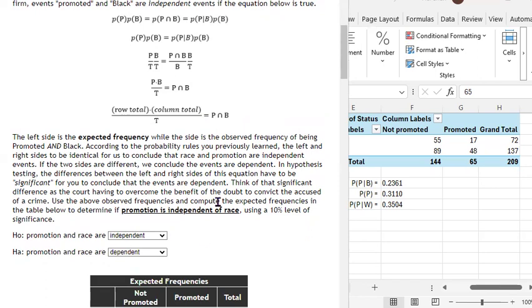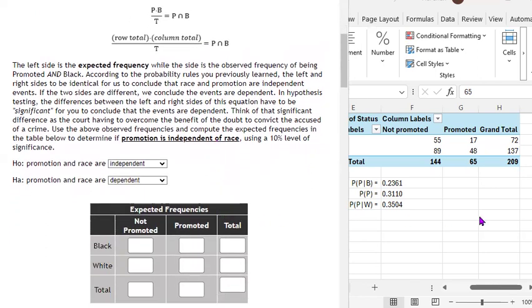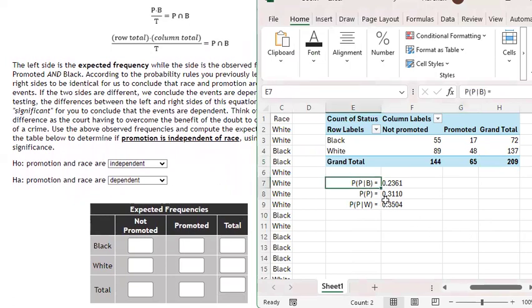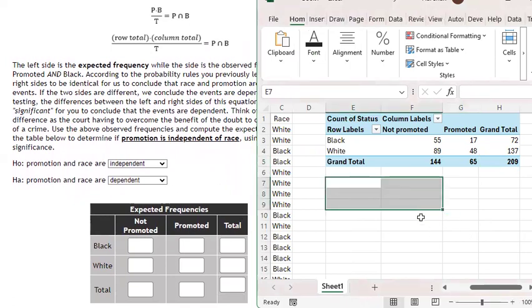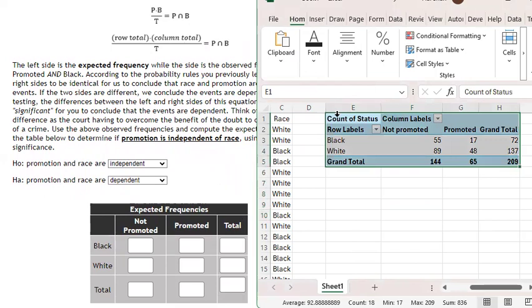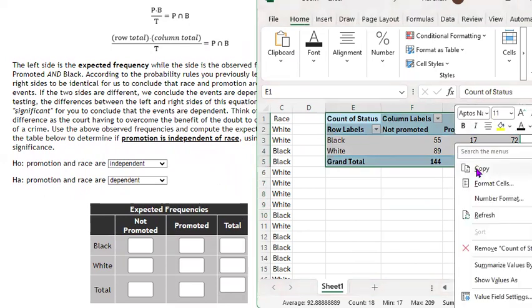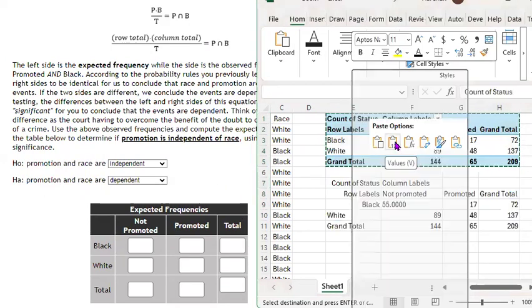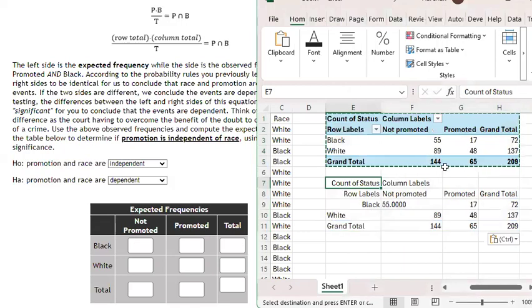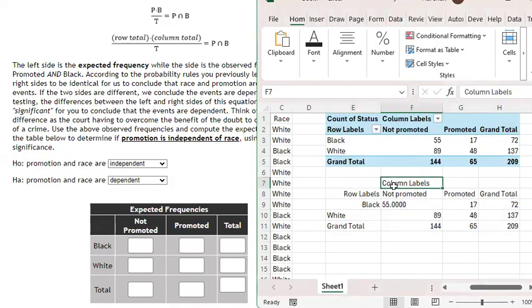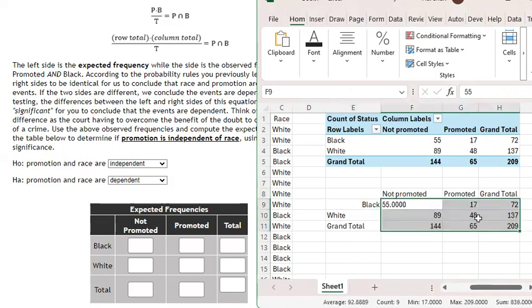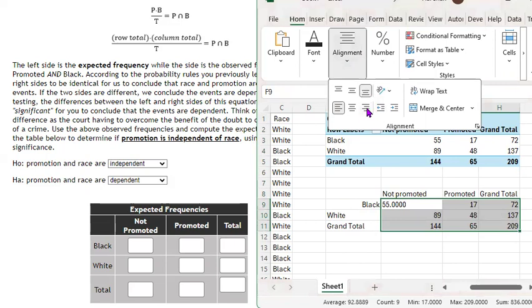Okay, so now we got to calculate the expected frequencies, right? The expected frequencies here. So I'm going to delete this. I'm going to copy this stuff down here. I'm going to get rid of all the extra stuff that I don't need. I'm going to put these on the left.